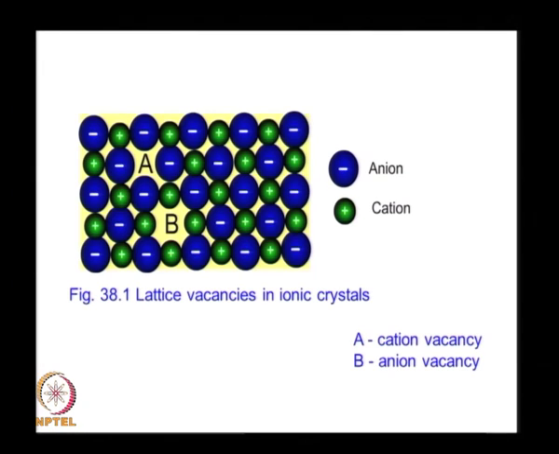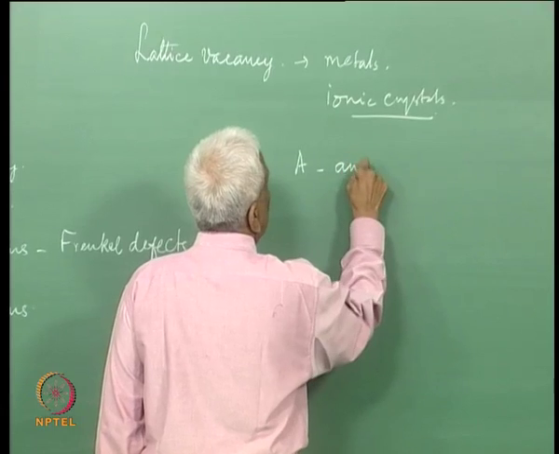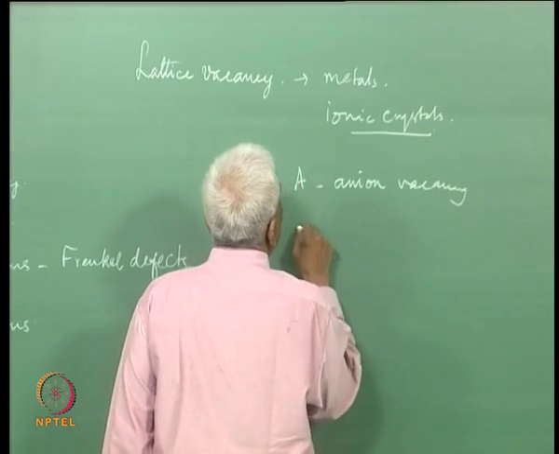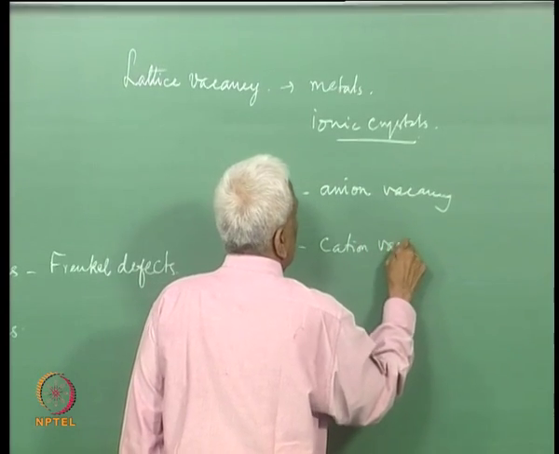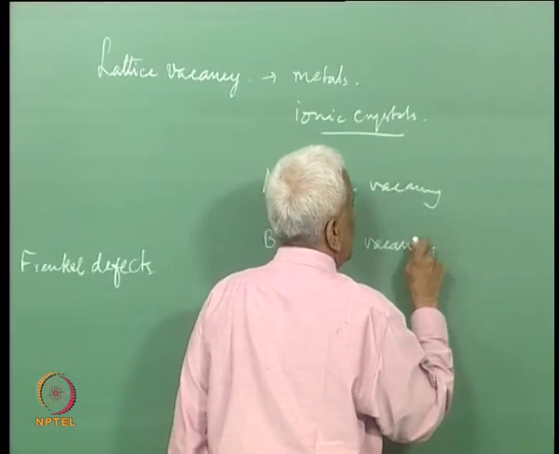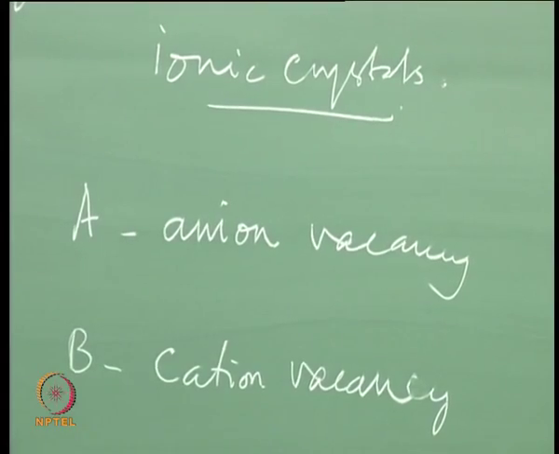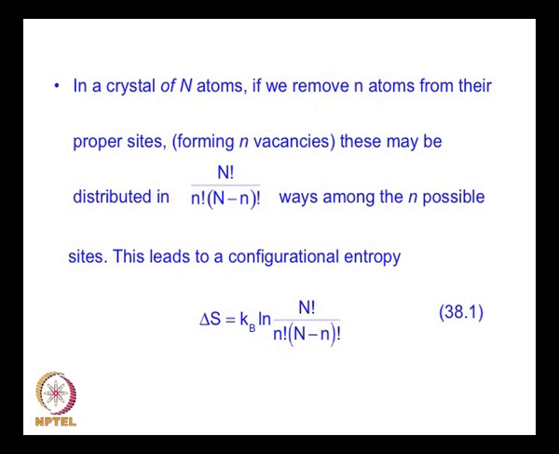Figure 38(1) shows the presence of such vacancies in an ionic crystal. The vacancies can be in the site of an anion or it can be a cation vacancy. An ionic crystal has anions as well as cations. The vacancies can be in the place of anion or in the place of the cation. So, both can create vacancies.